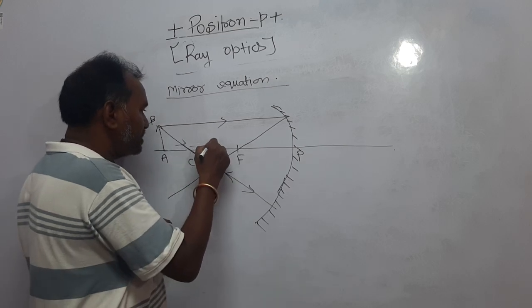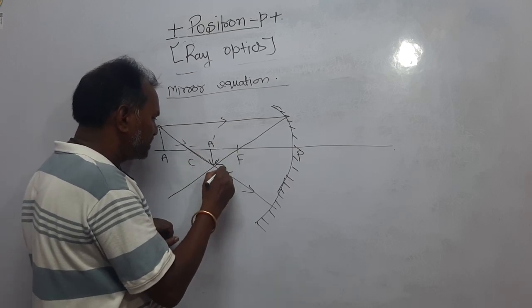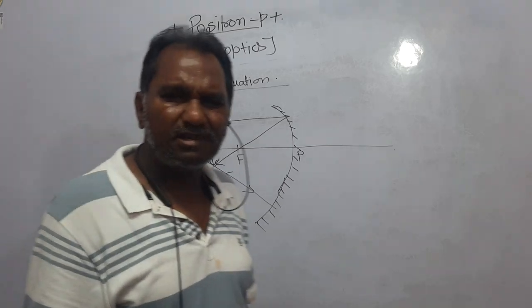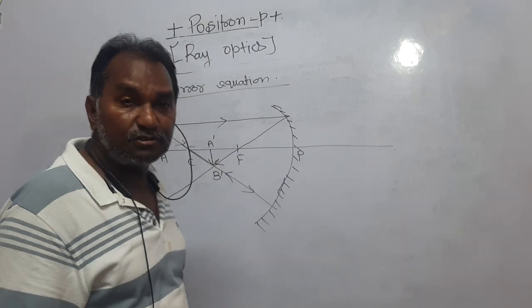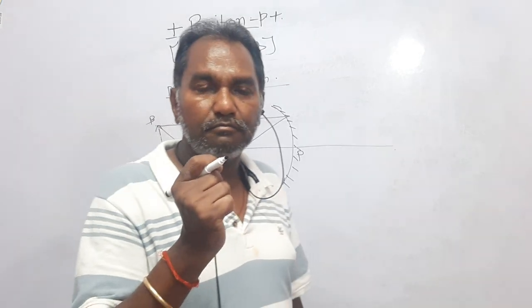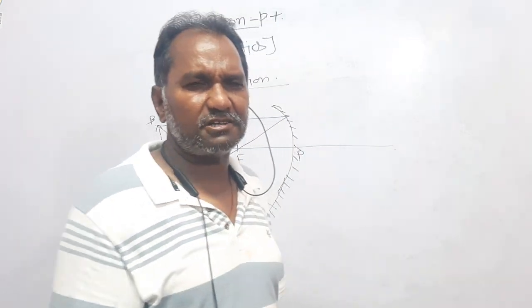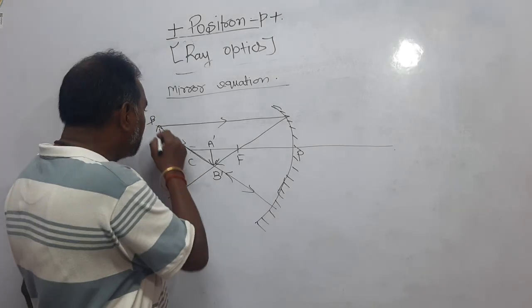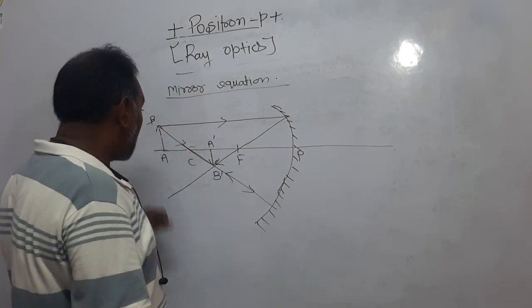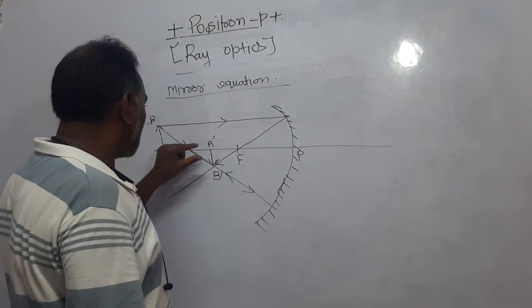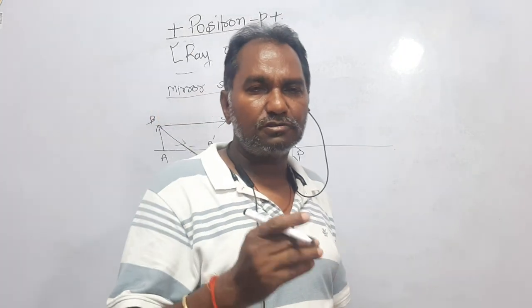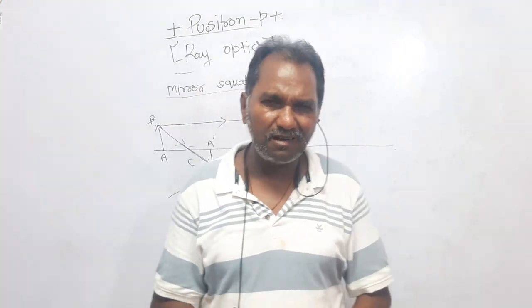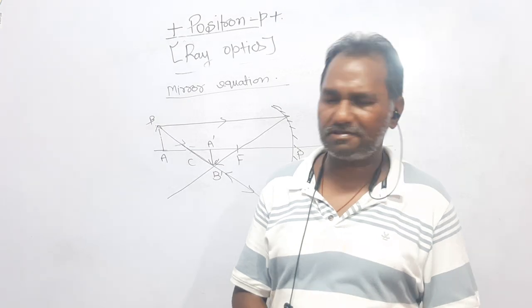This was AB, the image is A dash B dash. It is clear that the image is real because you have got the image by the real intersection of the rays, and inverted and smaller in size, meaning diminished. So the image here is real, inverted and diminished.